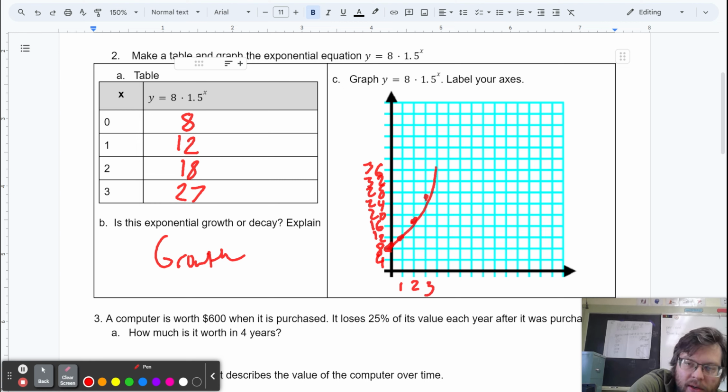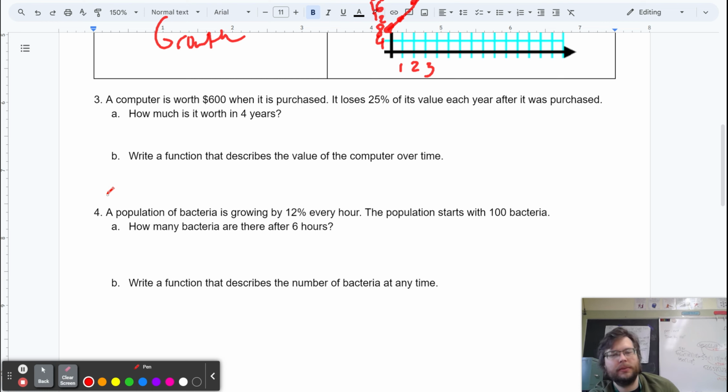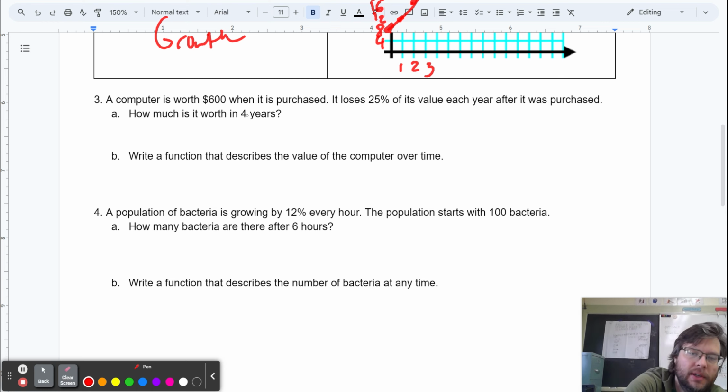Okay, great. Question 3. A computer is worth $600 when it is purchased, and it loses 25%. That means that if I do 100 minus 25, every year it keeps 75% of its value.